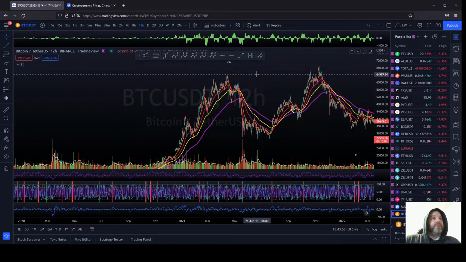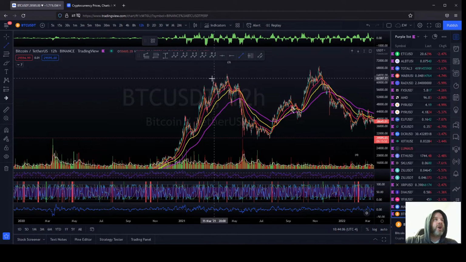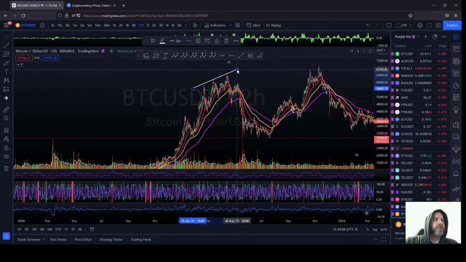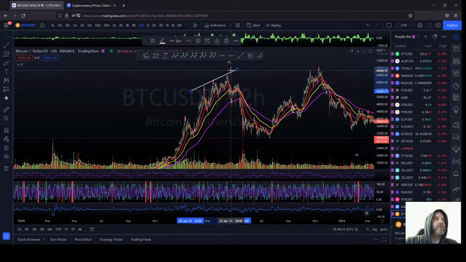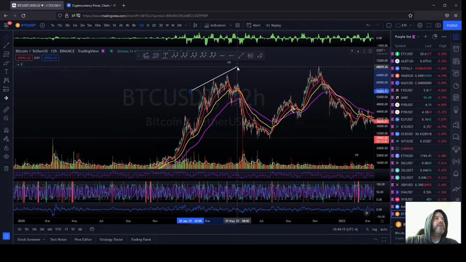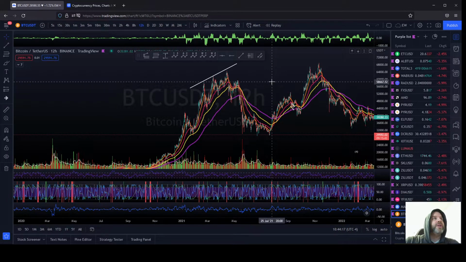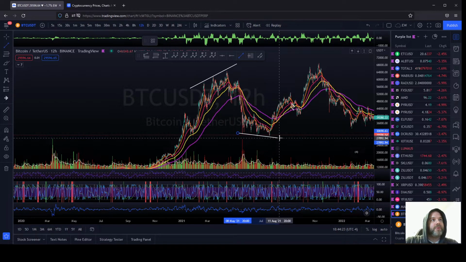So what you want to do is, well, first of all, let's put this down. When you're measuring bearish divergences, you're going to be measuring at the top of the move. So, like so. And when you're measuring for bullish divergences, on the other hand, you're going to be measuring at the bottom of the price action.